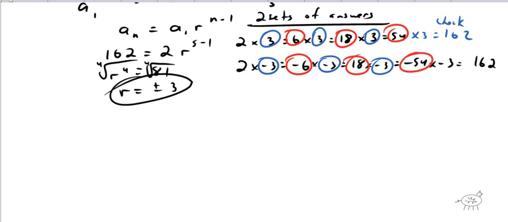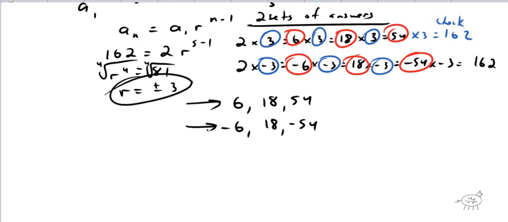Okay, two sets of answers. So again, we can list them. It's 6, 18, and 54. That's one set of geometric means, and the other set is negative 6, positive 18, negative 54. Okay, two sets of answers.